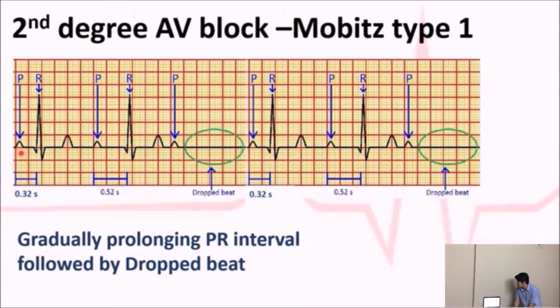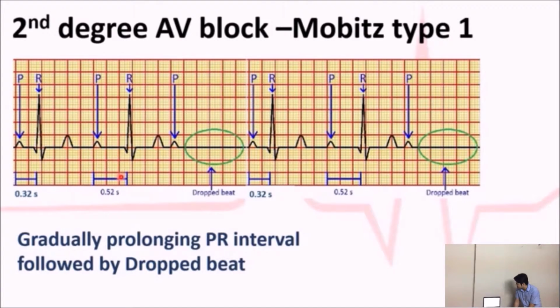This is the given ECG. This is the P wave, this is the QRS complex. Start of the P, start of the R. So the PR interval, if you see here, is 5 plus 3 small squares, so 0.32 seconds. So P and QRS, and PR is prolonged. Then the next wave, P and QRS, start of the P and start of the R. If you see the PR interval, 2 large squares means 10 small squares and again 3 more small squares.